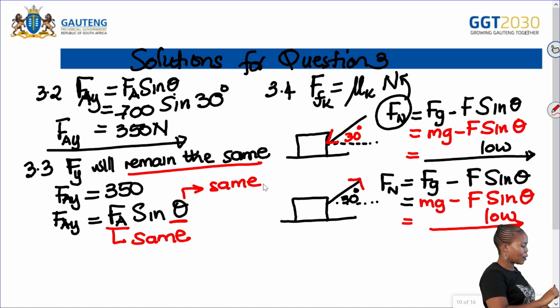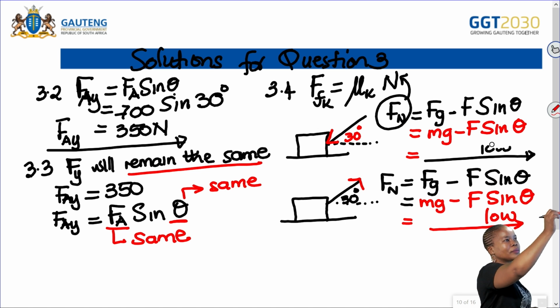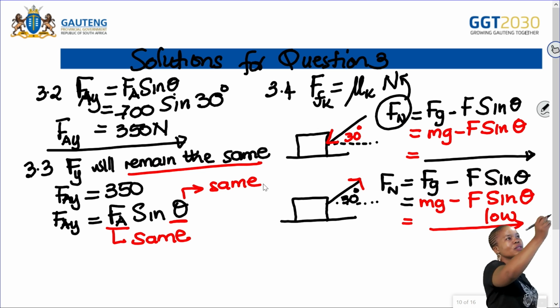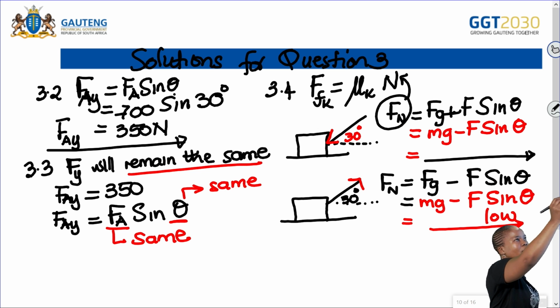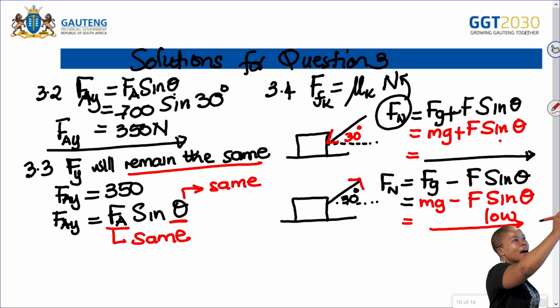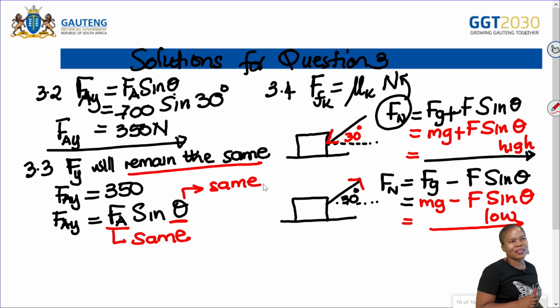Let me fix a small mistake over there. Here, I am pushing, so I'm adding to the system. Over here it's going to be positive. Let's correct it, making this one high. So what does this mean?